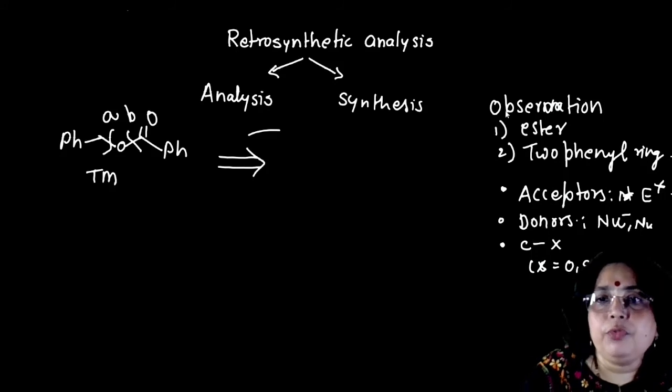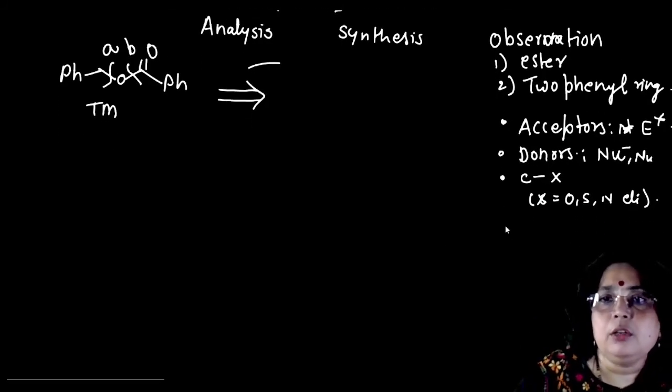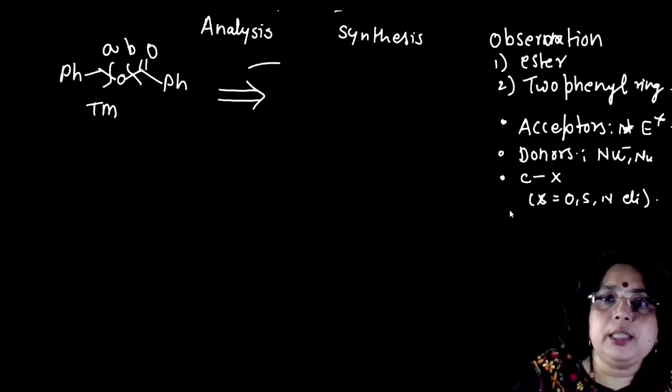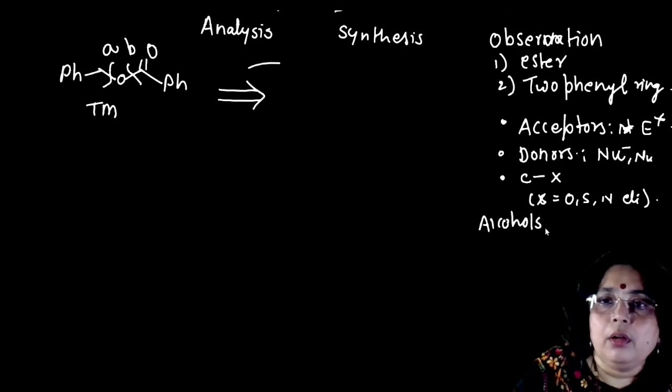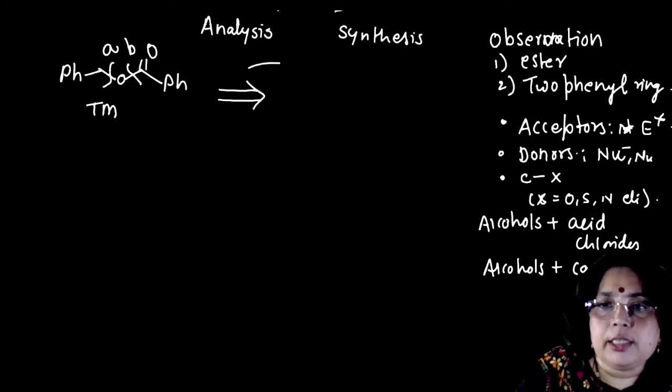So for that we must have the basic knowledge of how to synthesize the ester. So esters can be synthesized from alcohols and acid chlorides, or they can be synthesized from alcohols and carboxylic acids.